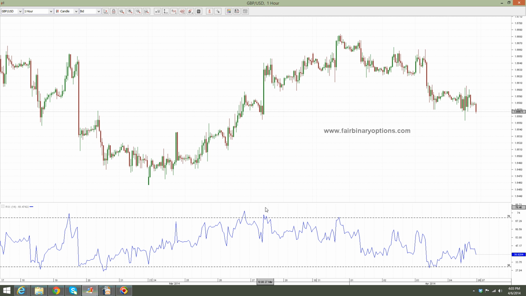This move is a fake move, and we should stick all the time with the oscillator. Why? Because it takes into consideration 14 periods. Price here is single, but the oscillator move takes into consideration the last 14 candles. So I would stay with the oscillator and not with price.